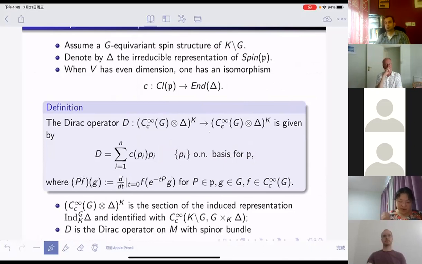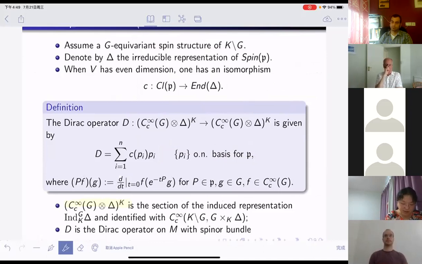So it is the true Dirac operator in the following sense. One can always think of this K-equivariant part of continuous functions on G tensor this spin P representation delta.